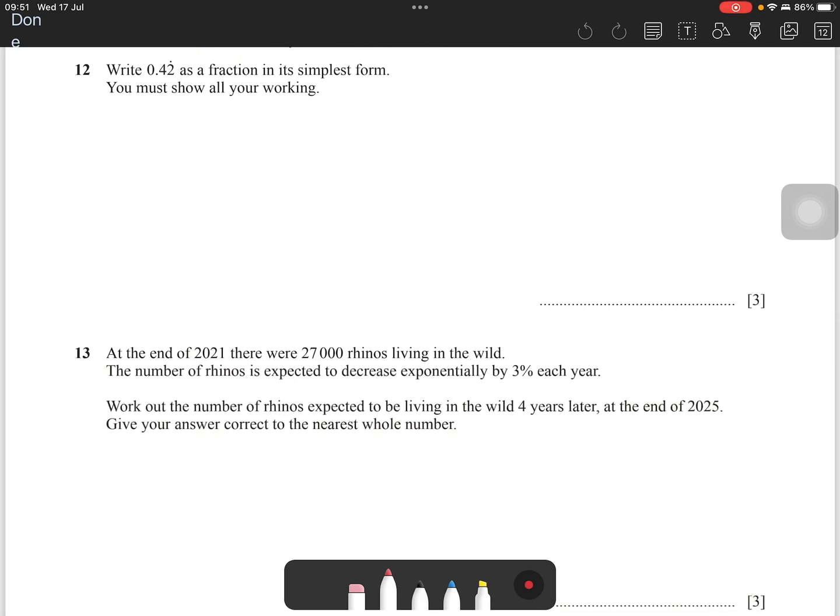Question 12. Write 0.42 recurring as a fraction in its simplest form. You must show your working. So first of all, we'll let x be 0.42 recurring. And then we'll multiply x by 100.